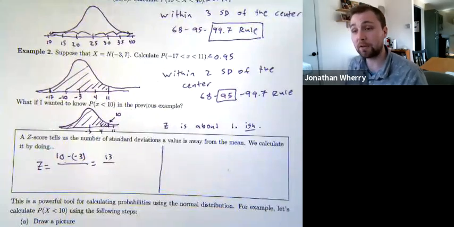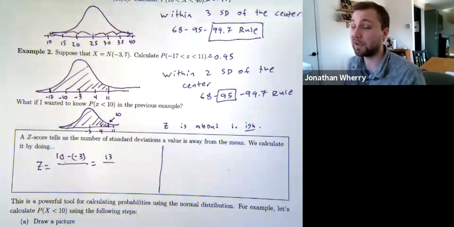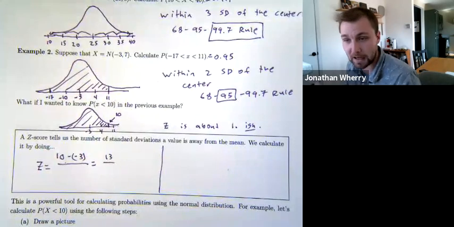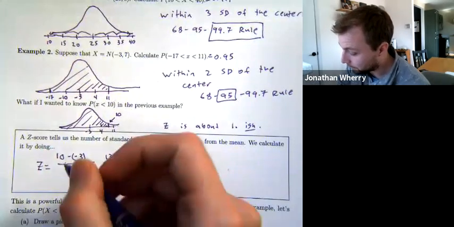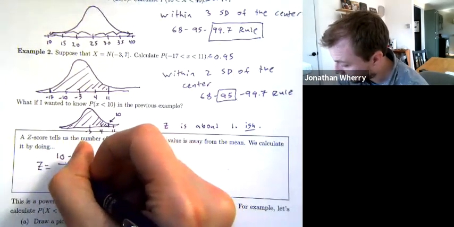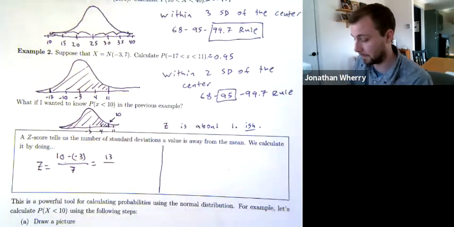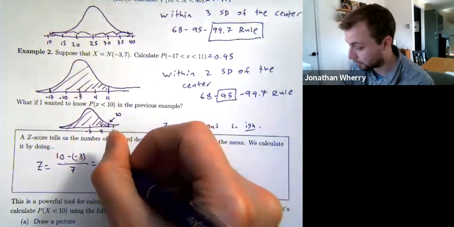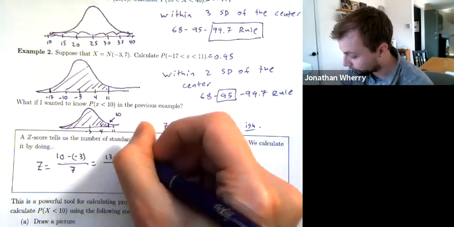If I was counting by 13, I'd be exactly 1 standard deviation away. If I was counting by 6.5, I'd be exactly 2 standard deviations away. But I'm not counting by 6.5, I'm not counting by 13. I'm going to divide this by the thing that I count by. I'm counting by 7.